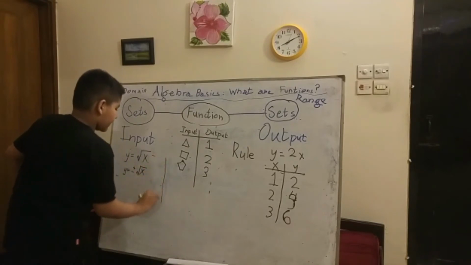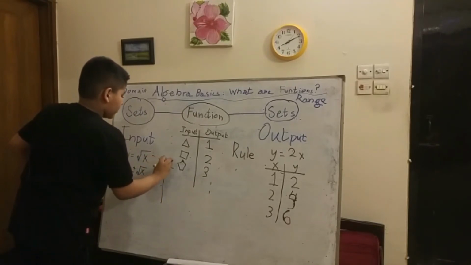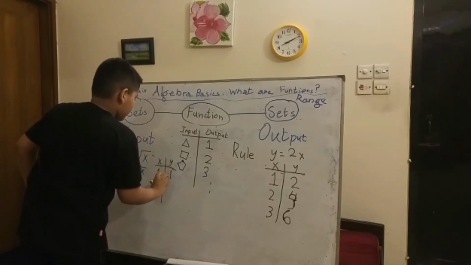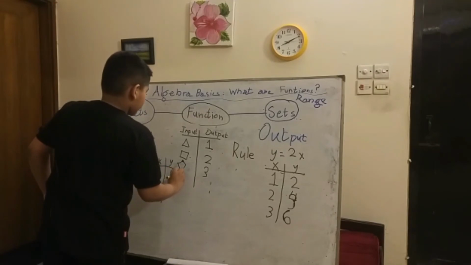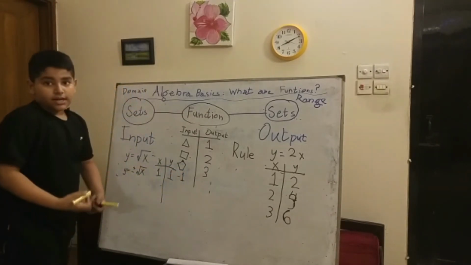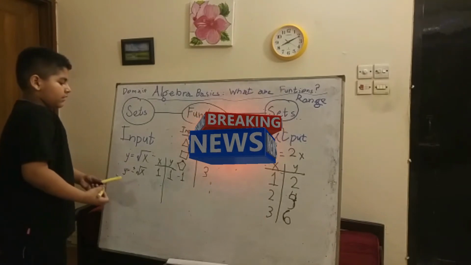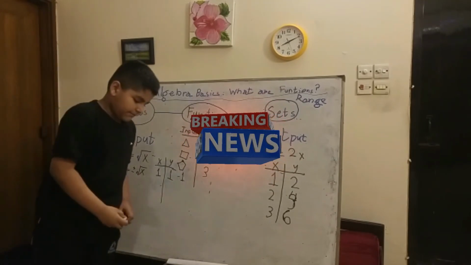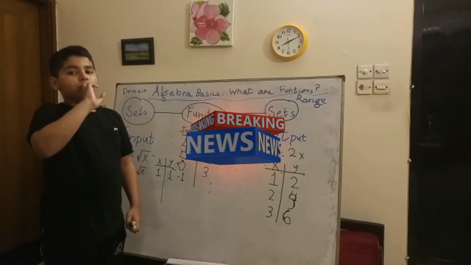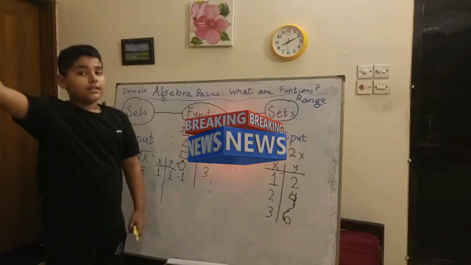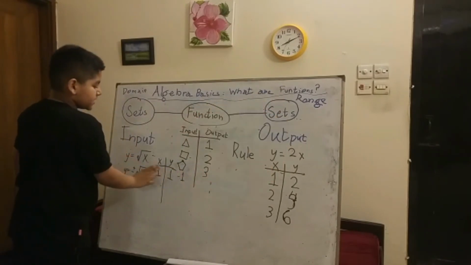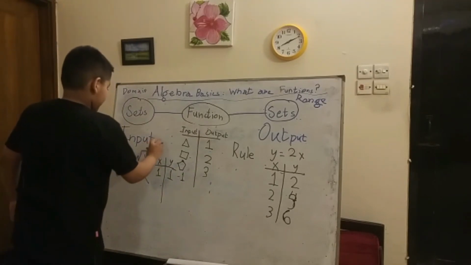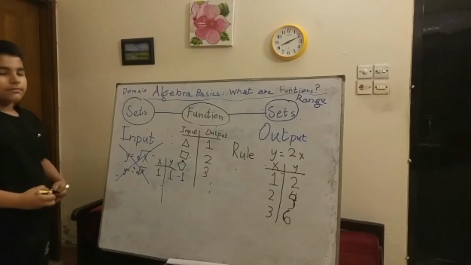So if we brought back our function table, x, y, 1 would have 1 and negative 1, since negative 1 times negative 1 is 1. Can a function do that? Can a function have two things at the same time? Well, no! A function can't have two outputs for one input. So, allow me to say this is not a function.